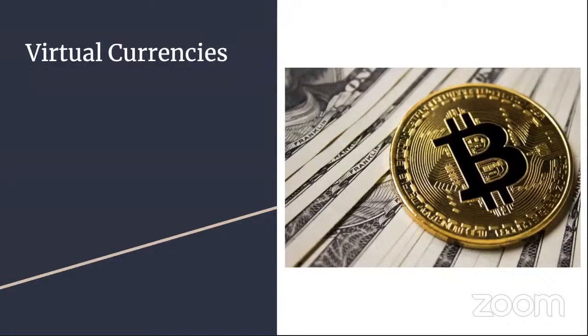A little bit about virtual currencies. Fiat currency is a legal tender backed by a government or governments, like the US dollar or the euro. Virtual currencies are non-state sponsored currencies that are sent from one device to another and are only transferred once an algorithm is solved by a middleman or a miner.